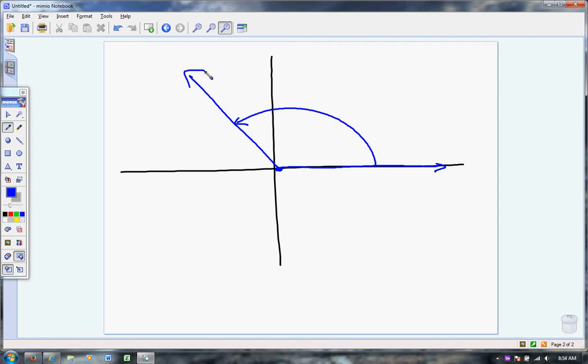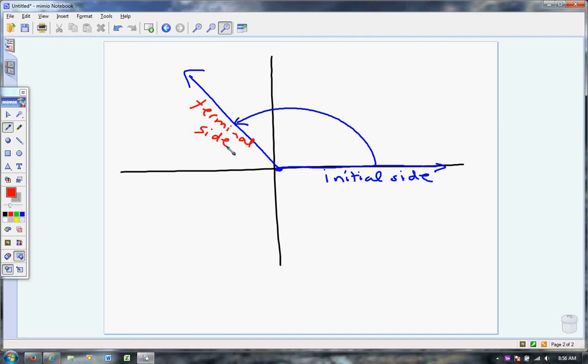and so that's the other side of the angle, all right, then this is called the initial side, or if you think initial, you think beginning side. And the side that we finish at is what we call the terminal side.